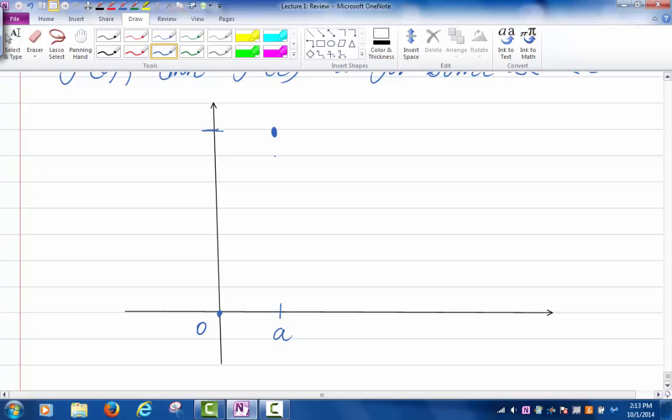So this height here is f of a. Okay, and the value of the function at b, let's say, is given by this height here, and that's the value of f of b. Is everybody okay? And let's say the graph of f looks like the following. Okay, that's the graph of f, let's say.